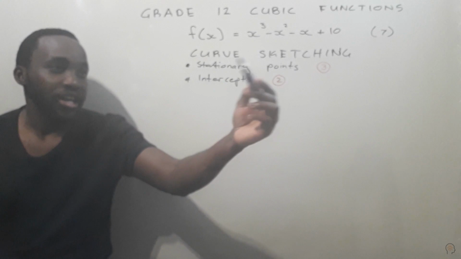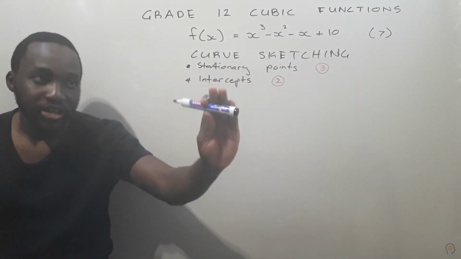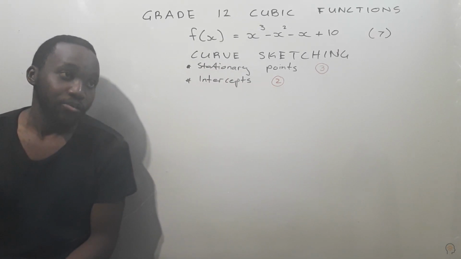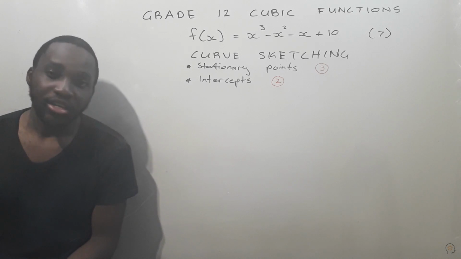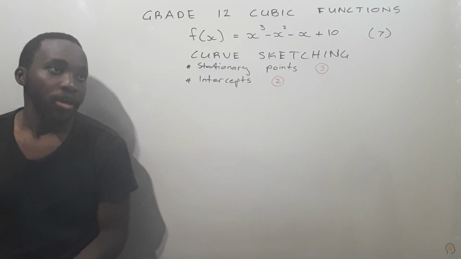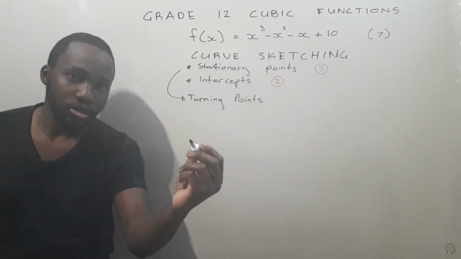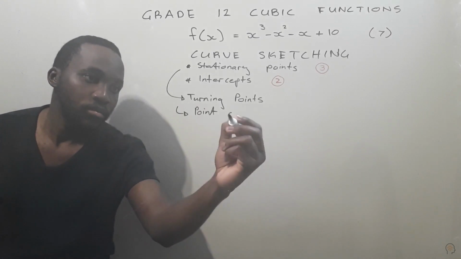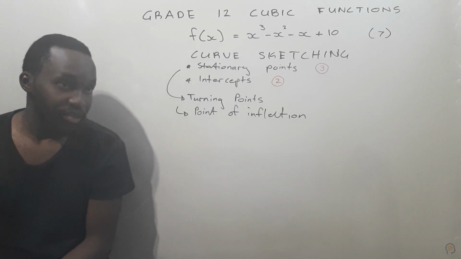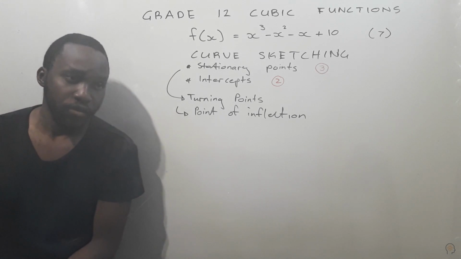Whenever you need to sketch a curve, always remember that you just need to get these 2 things. As long as you get those 2 pieces of information, you will easily be able to sketch your graph. In our case, we need to work on how to get our turning points and our point of inflection.